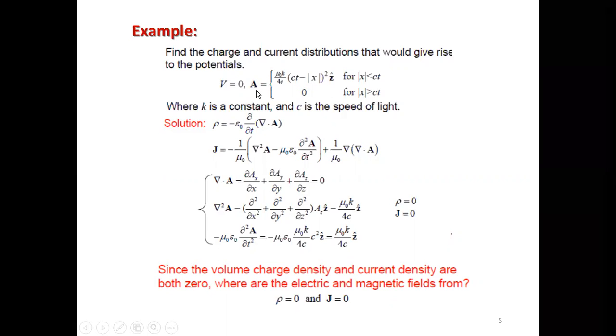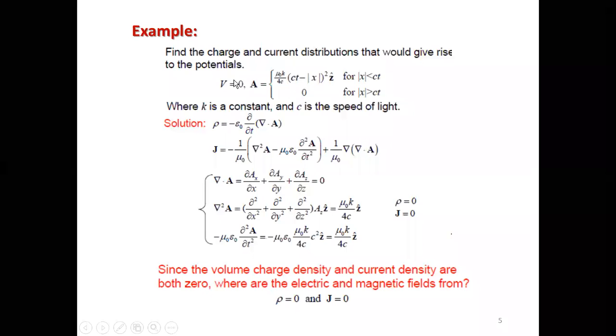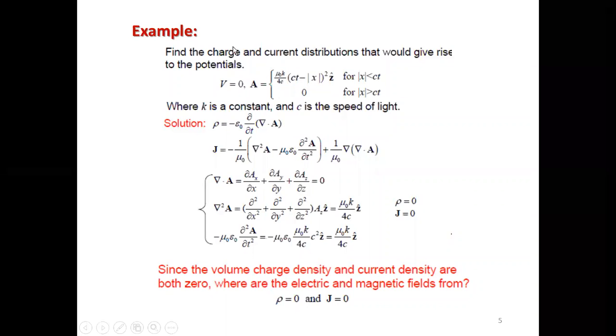So this is the vector potential, defined as this. k is the wave number here, c is the speed of light, t is time, and x is position. So the scalar potential is zero and the vector potential is given. We have to calculate the charge and current distribution. Charge means we have to calculate rho, and the current distribution, that is J, the current density. Current flowing per unit area is called current density or current distribution.